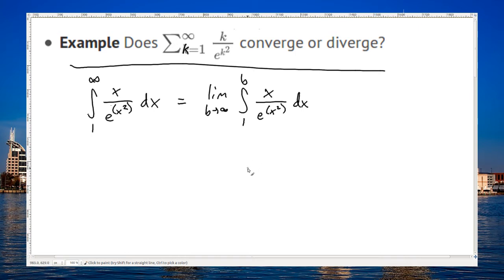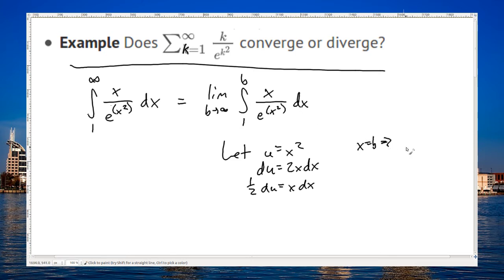All right, so let's see, what do I do from here? I need to let u equal x squared, I think. If I do that, then du is 2x dx. I have an x dx up here, so I'll make that a 1/2 du. It's x dx. And that changes my bounds a little bit. If x is equal to b on the top, that changes u to be equal to b squared.